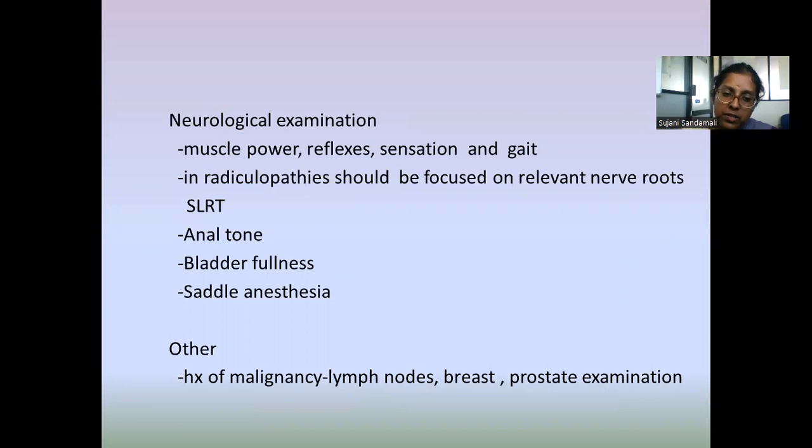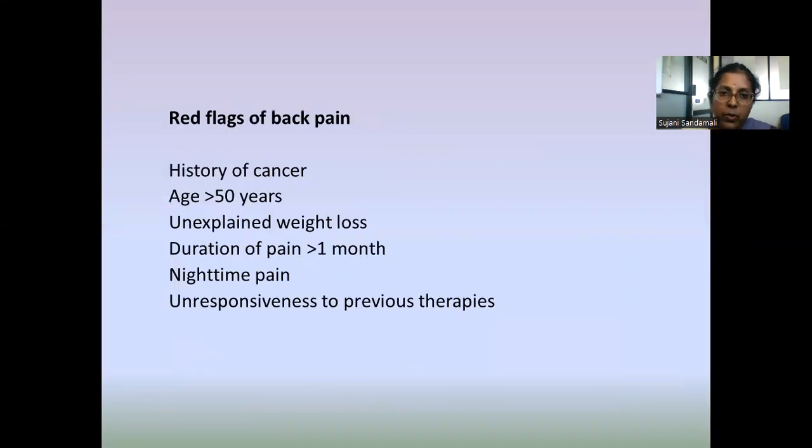And the other features, like when a history of malignancy is there, be mindful to examine lymph nodes, breast, prostate, and thyroid. So, in any case of back pain, never forget to focus on red flags, like the history of cancers and the age, but which is not here.